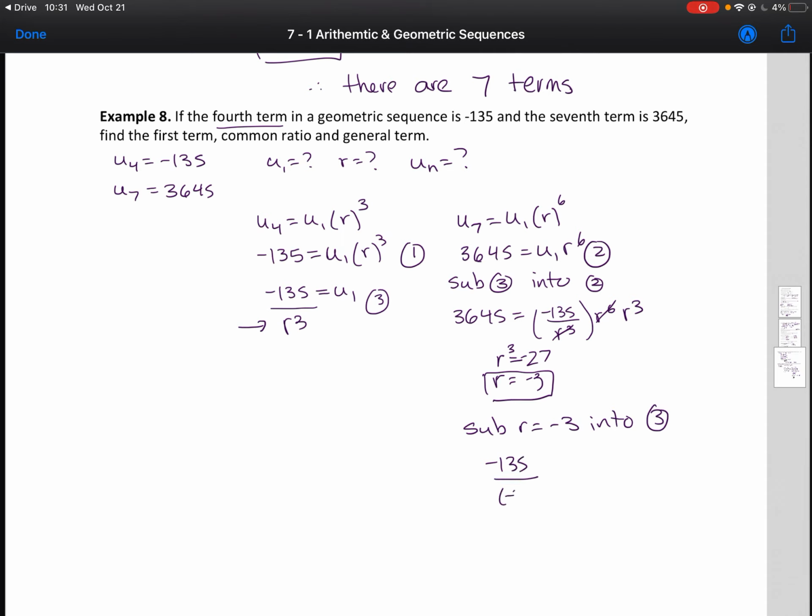So I've got minus 3 cubed equals u1. Okay. So this means that u1 is going to equal 5 after I evaluate that. Okay, so I found my first term, I found my common ratio, and now I can state the general term for un as 5 times minus 3 to the n minus 1.